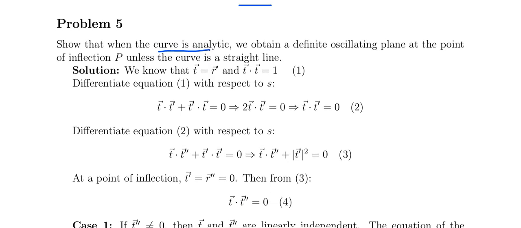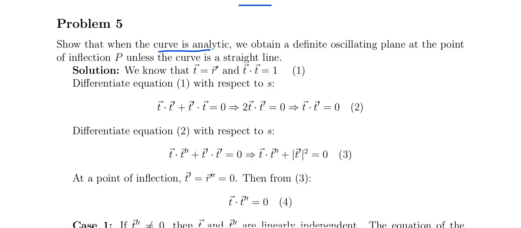T vector equal to r dash vector, that is t dot t equal to 1. If you differentiate this, that is t dot t dash plus t dash dot t equal to 0, that is 2t dot t dash equal to 0. I am going to differentiate 1 with respect to s.